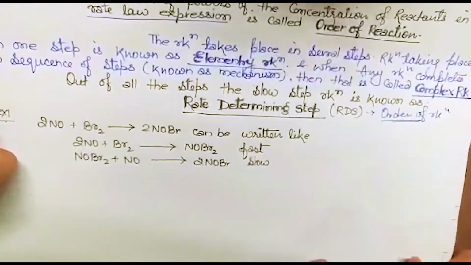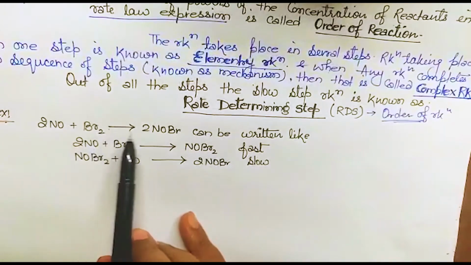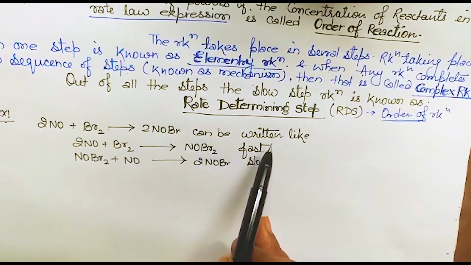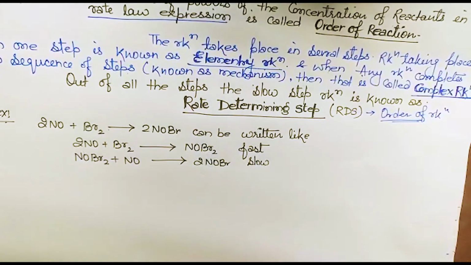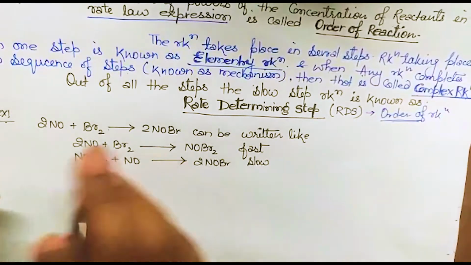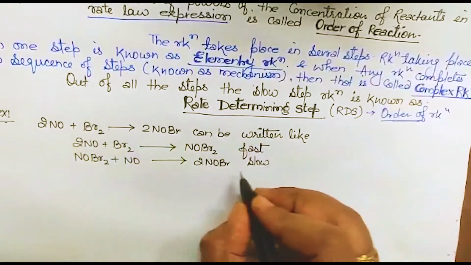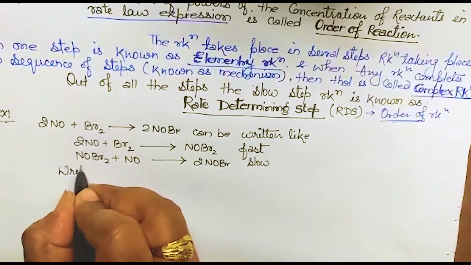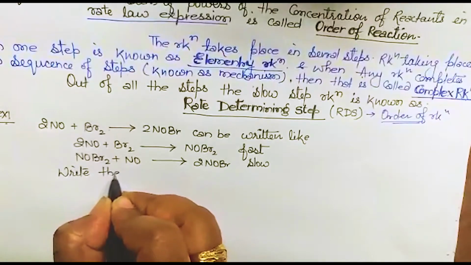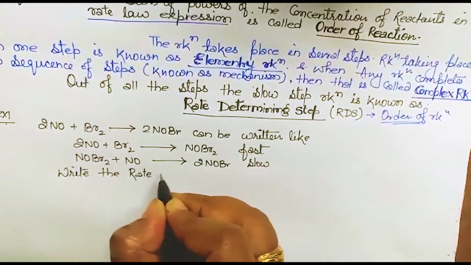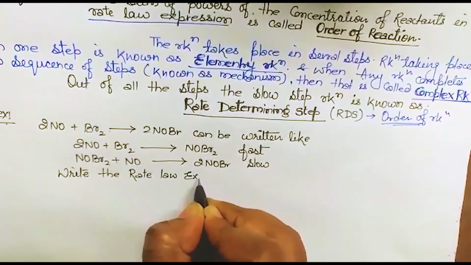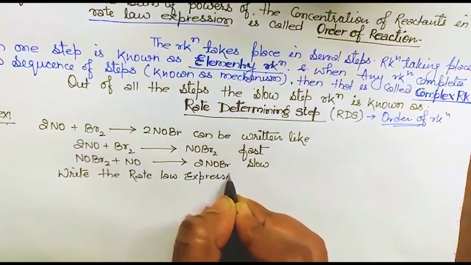So this is 2NO plus Br2 changing into 2NOBr, which can be written like this. If I ask you to write the rate law expression, see what to do.